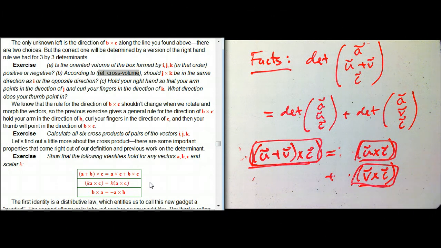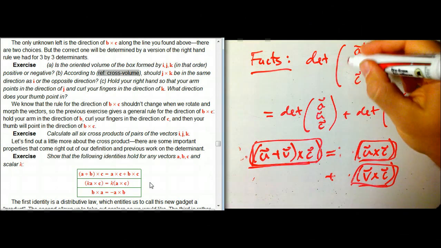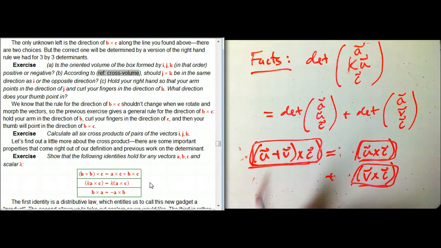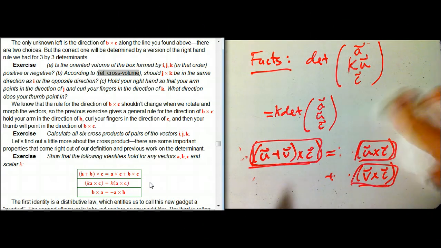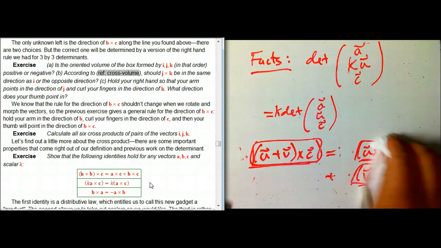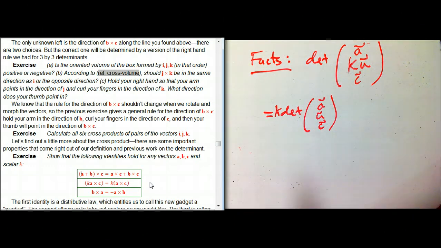And similarly, let's just change this in place. Let's just take this and change it into like a k times u. This was another thing that we knew about determinants. And the main point I'm making here is once you know all these facts about determinants, you do not have to reprove them for the cross product.